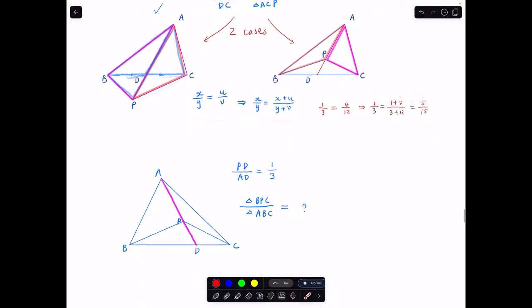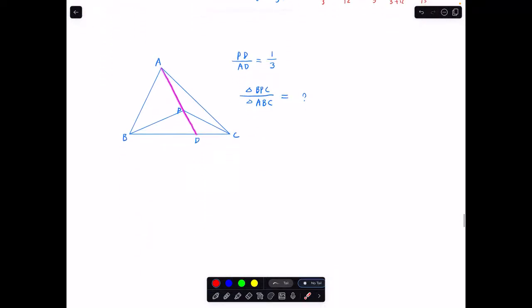Okay, let's move to yet another example, a different variation. I have triangle ABC, I have AD here, and I have a point P on this line.